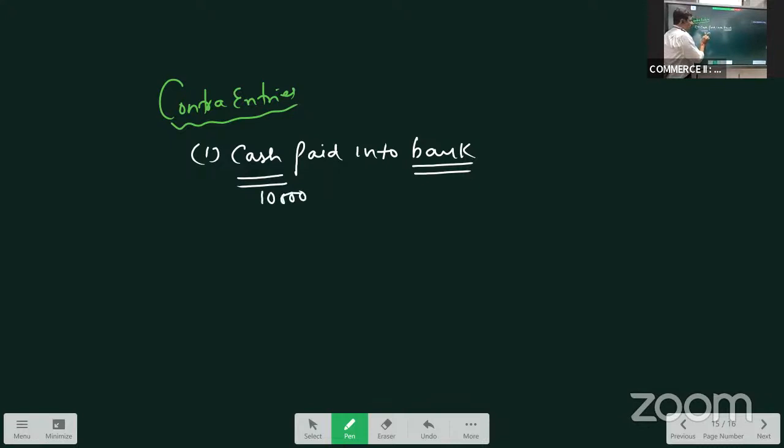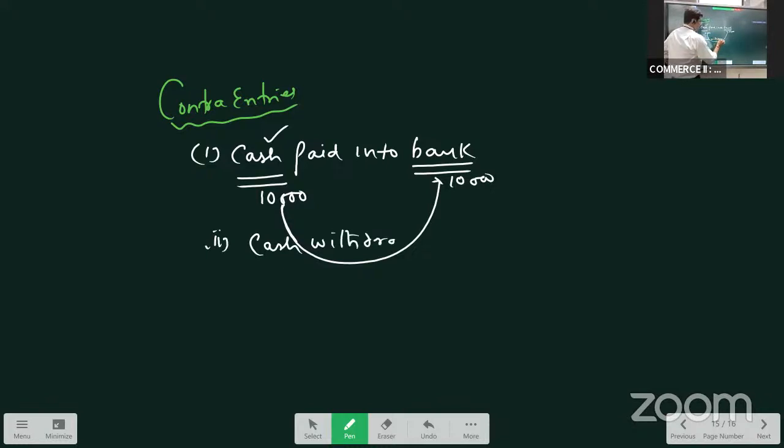From my office cash box, I have deposited that amount into my bank account. So cash is going only from my office to my bank account. Is there any effect on my cash balance? Right? As such, there is no effect. So one such entry, cash paid into bank, and similarly, cash withdrawn from bank.